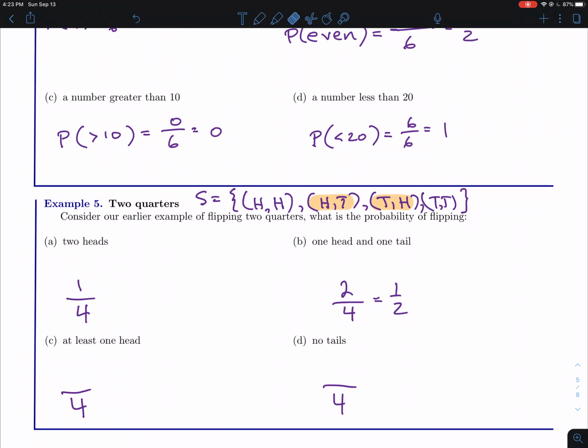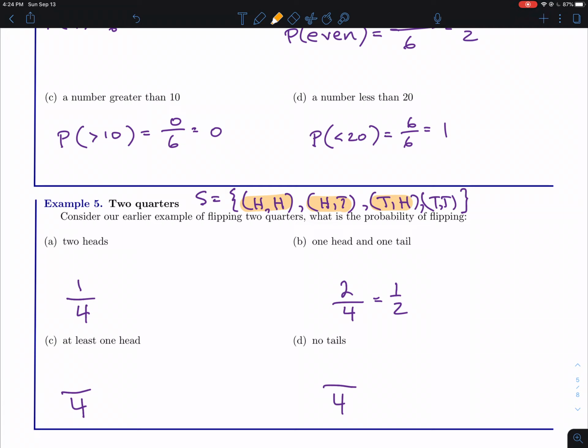Now, what's the probability of at least 1 head? At least 1 means I got 1 head or 2 heads in this case. So I want to get these guys and I want to get this one, because in this case I've got 2 heads. Really I'm just making sure I don't choose anything that has all tails.